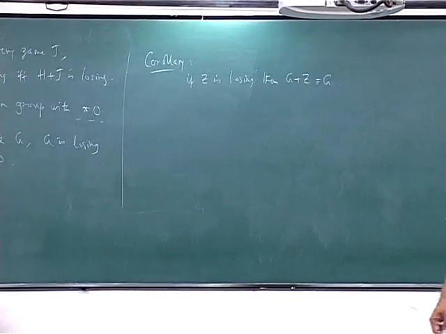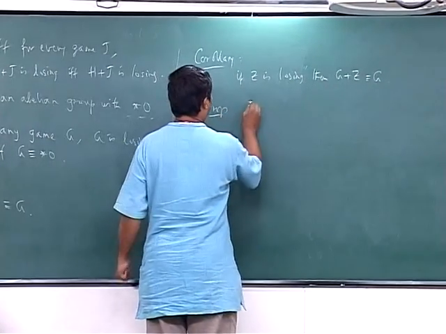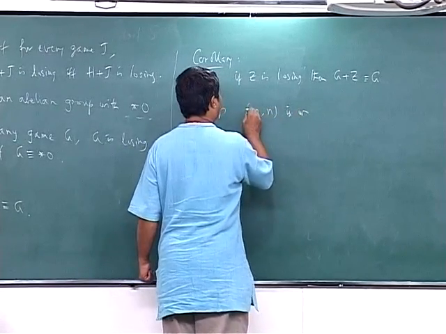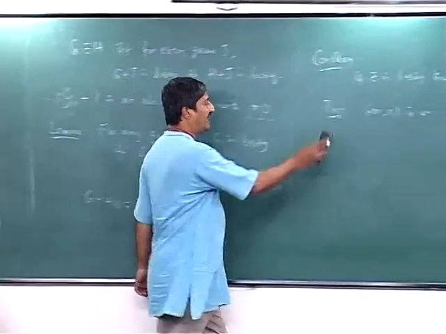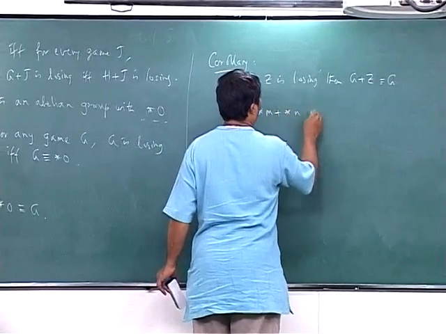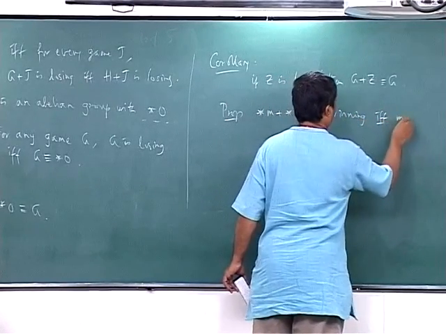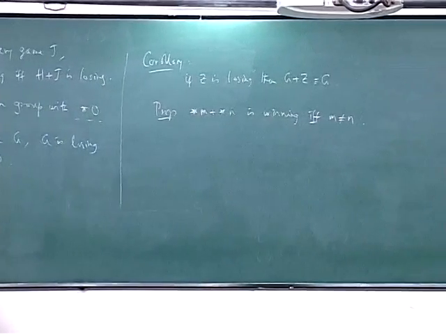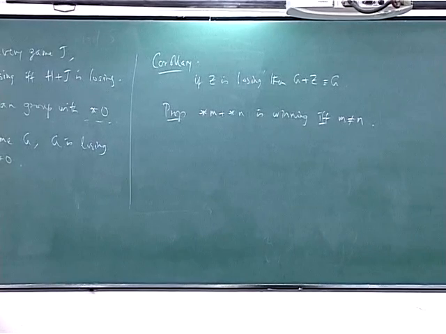For two heaps, we already showed something yesterday. What was that? The proposition was that star M plus star N, the two heap case, is winning if and only if M and N are not equivalent.